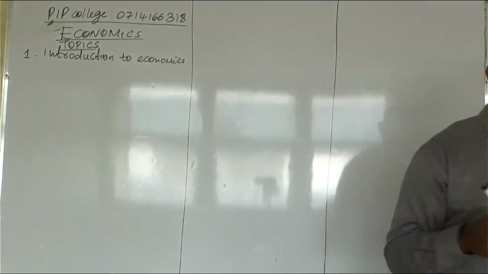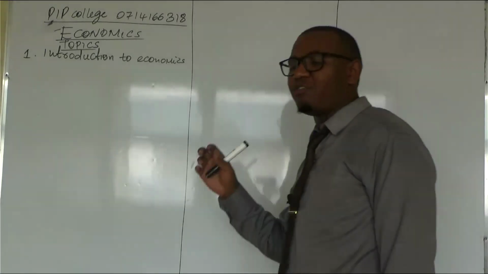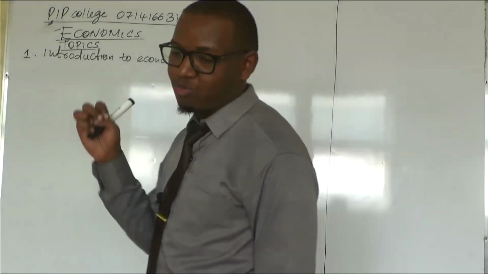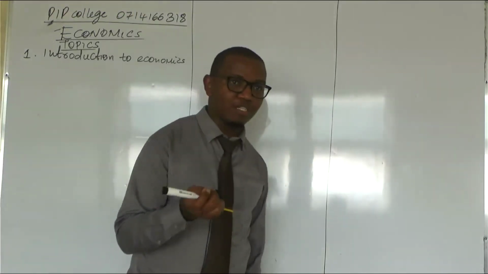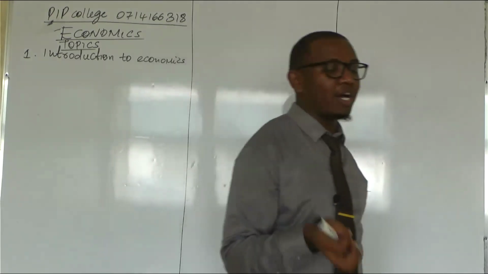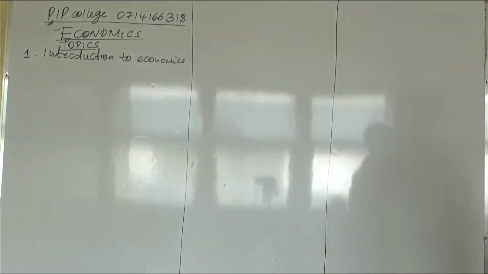In positive economics, we are talking about positive statements, which are facts or factual. In normative economics, we are talking about those that involve individual judgment. Generally, we talk of them as value judgments. And then after that, we'll talk of economics as a social science, and the scientific methods of economics.